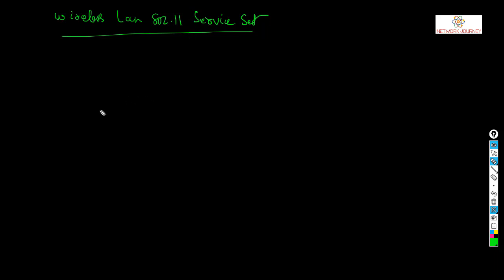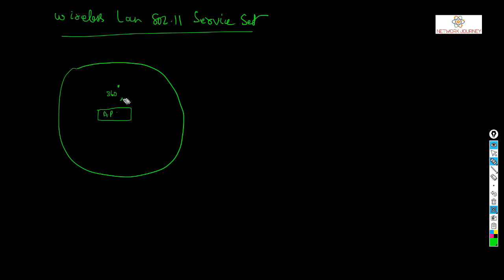I told you this is an access point. They emit 360-degree signals. Collectively we call it BSS, basic service set. The access point with a MAC address binding is referred to as BSSID. And what do you understand by just SSID? SSID is just a human friendly name.